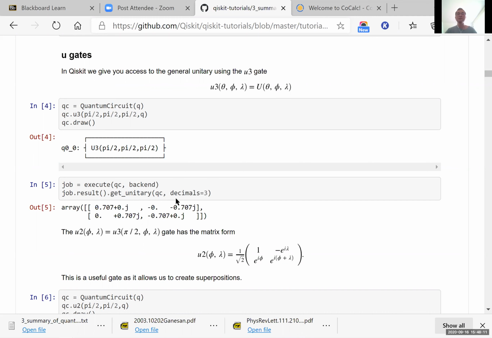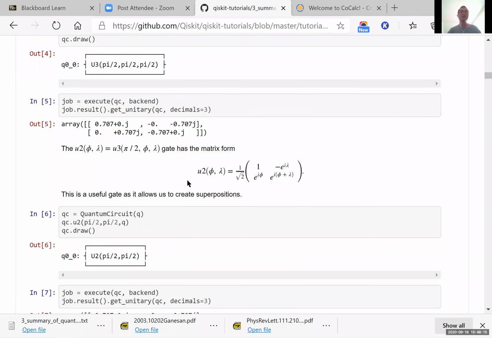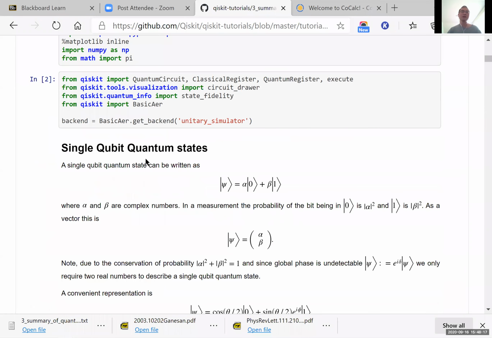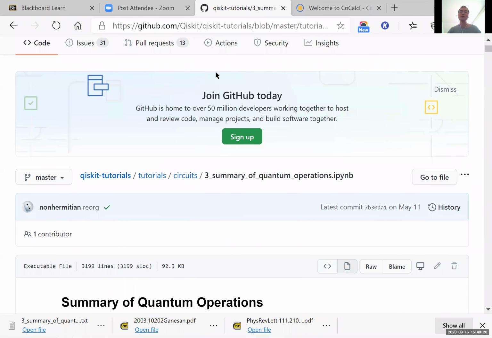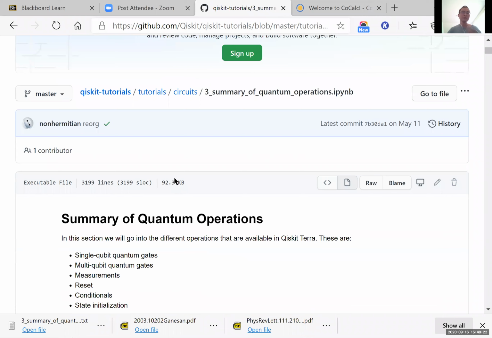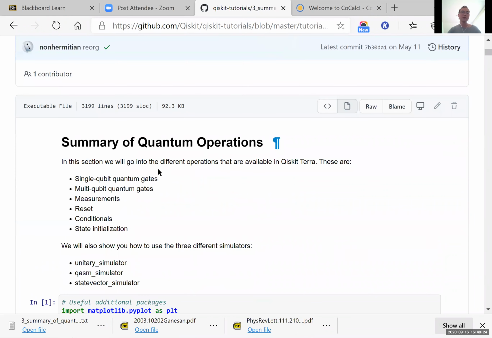Perhaps I'm going into too much detail here, but this is where you can download the notebook, and I'm going to post this in Blackboard.